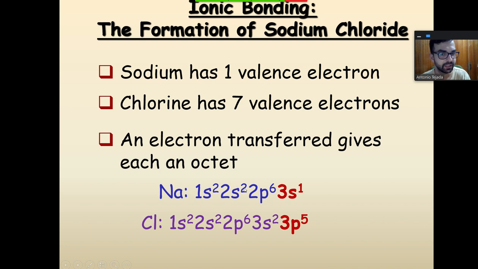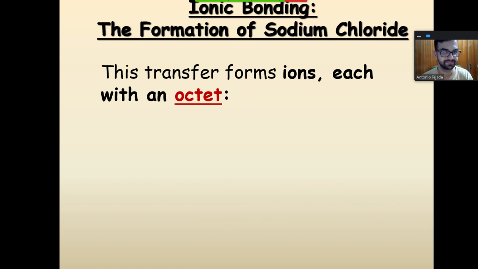Sodium will have 2 plus 6, 8 electrons in the last level, and chlorine will have 2 plus 6, with the one that sodium has given, 8. And this transfer forms ions, each with an octet.